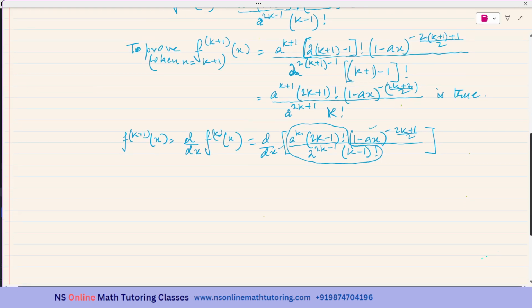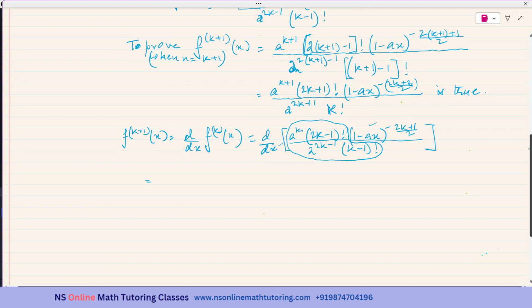So this is equal to a to the power of k and 2k minus 1 factorial over, I'm just separating the coefficient part, 2 to the power of 2k minus 1 and k minus 1 factorial. And now I will be differentiating this 1 minus ax raised to the power of minus 2k plus 1 over 2.